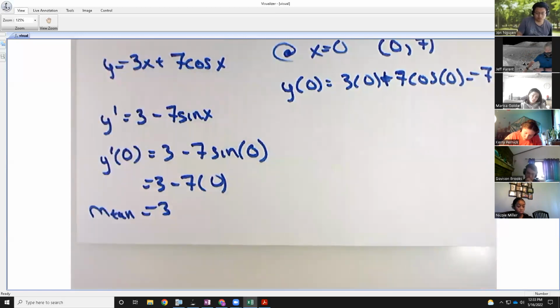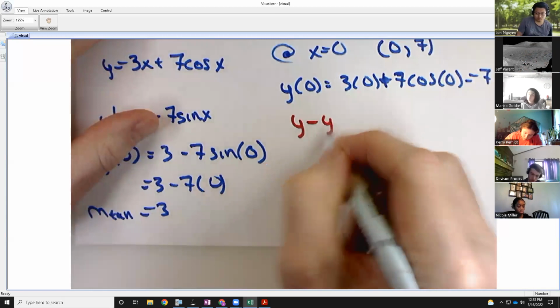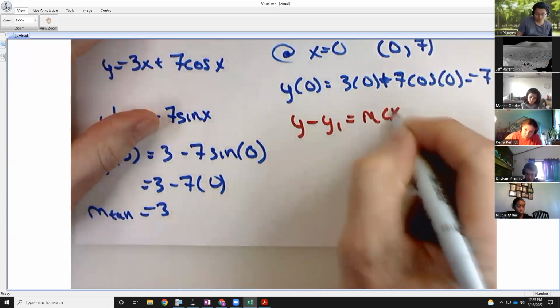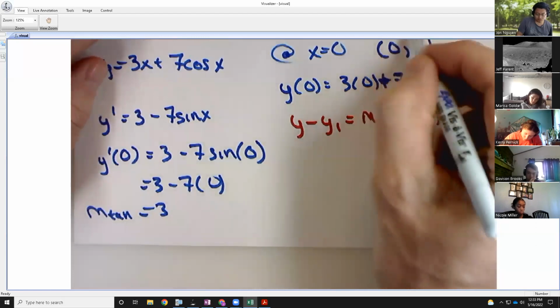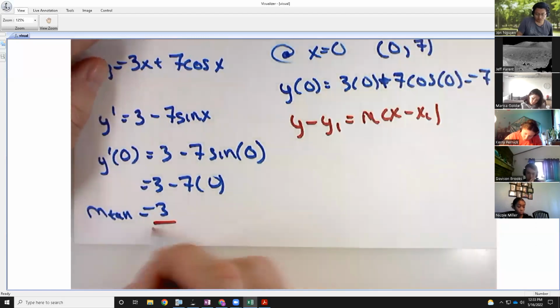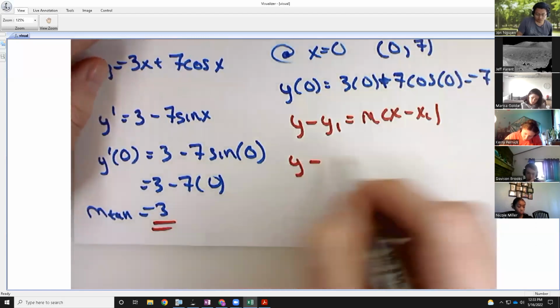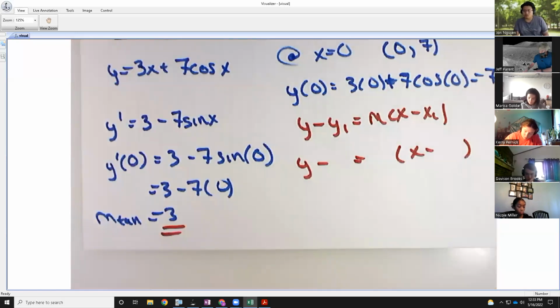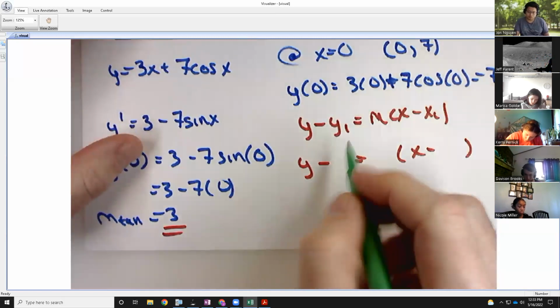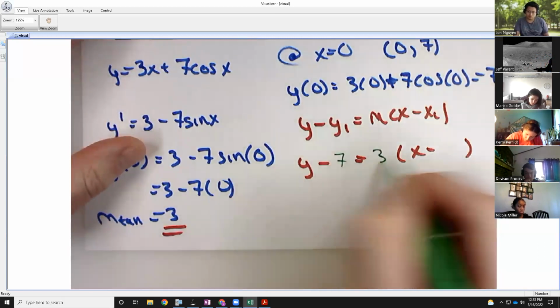Now, as far as the equation of the tangent line, let's do that. Y minus y1 equals m times x minus x1. So here's your x1, y1, and here's your slope. Let's put everything in. Y minus 7 equals 3 times x minus 0.